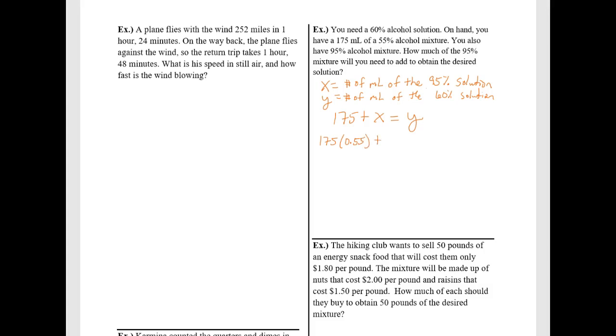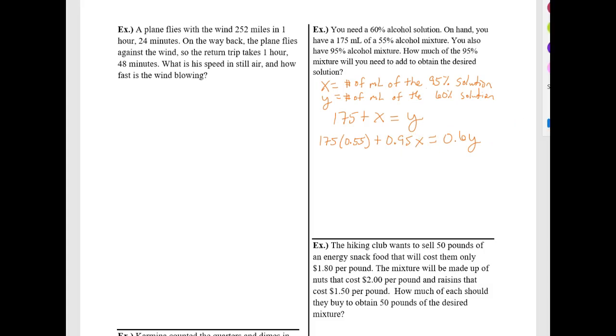The x variable was associated with the 95% solution times the amount will equal, I want to end up with a 60% solution, and I don't know how much of that it's going to be. And there you go. You have two equations with two unknowns.